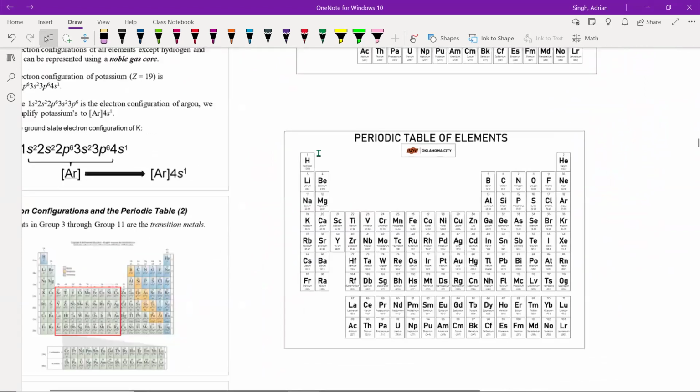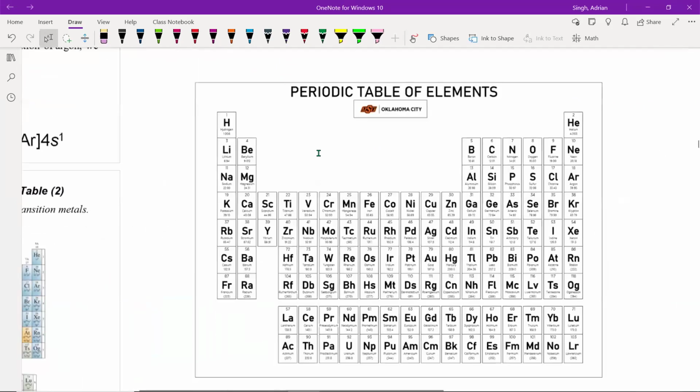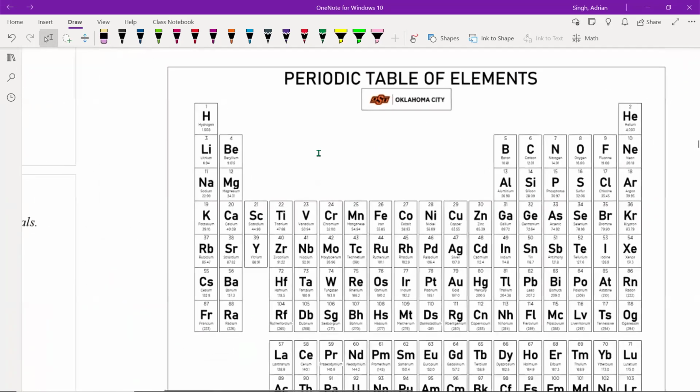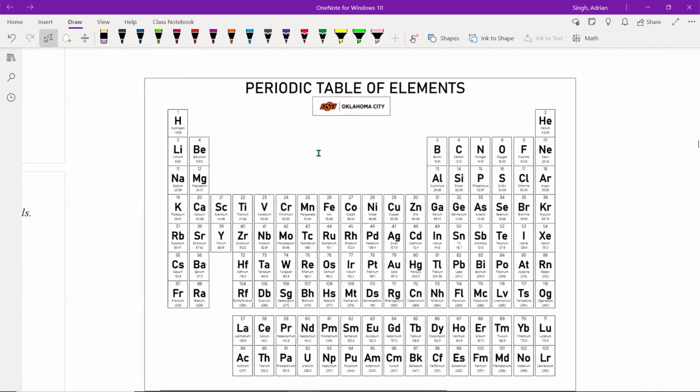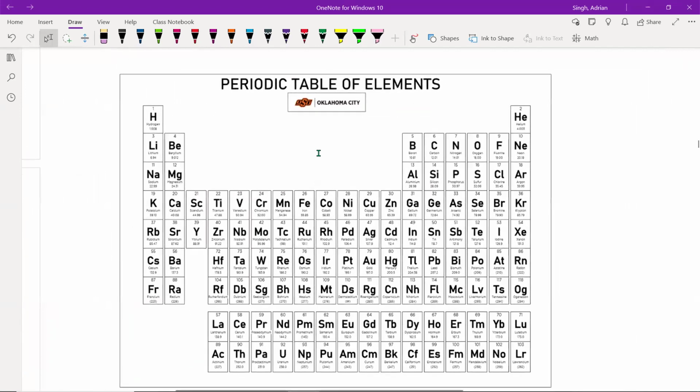So here's a basic periodic table. We can separate this periodic table into different blocks, and we'll try to color code these as we go across. So the blocks of the periodic table. The first one I'll highlight will be in blue.